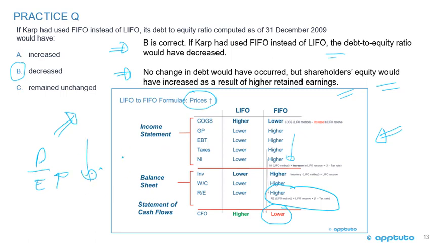So again, this chart was extremely important. It helps us go through the differences between the profitabilities and the impact on the different ratios. Make sure that you write out the ratio, debt to equity, look at your numerator and denominator, and draw your arrows. Equity is higher, so the denominator is higher, which means the ratio is going to come down, or decrease, okay?